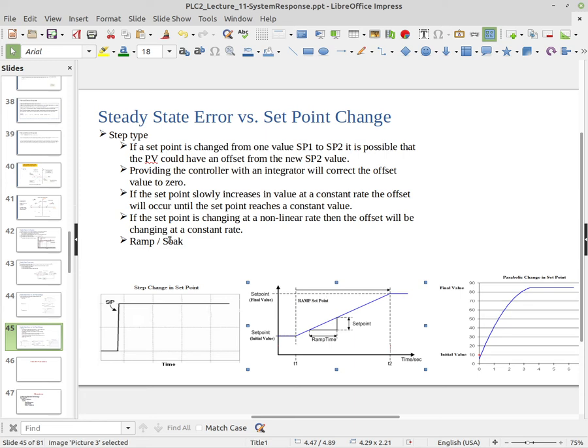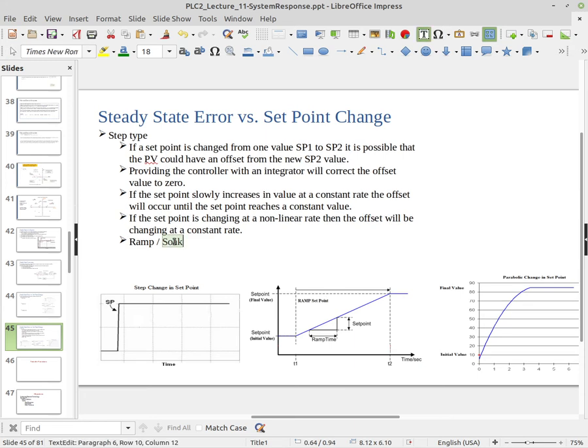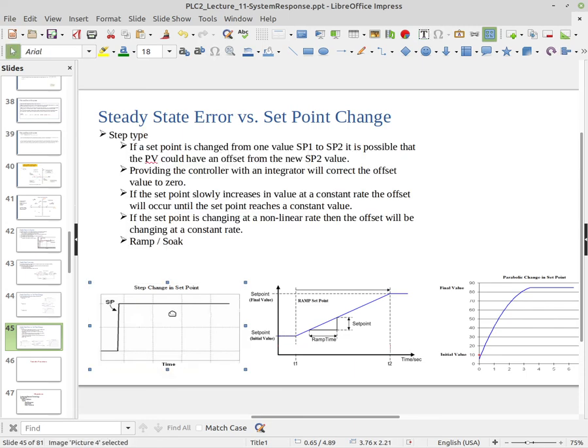All right, and then the soak is just the opposite. It's like you're coming up to a red light, and you wait till the last minute and slam on the brakes. That would be a step change, and of course that's very hard on your car, your tires, your brakes, right?